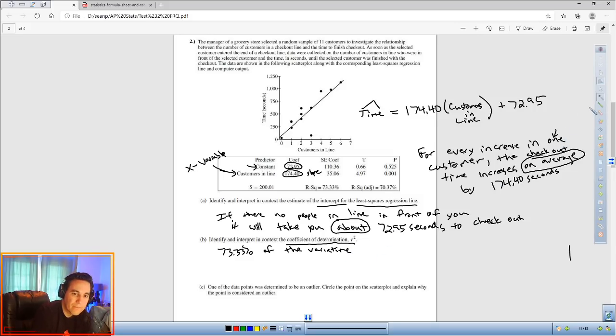Why'd I put... what did I do? I was like looking and not thinking. The variation in time to check out can be explained by the variation in number of customers in line.